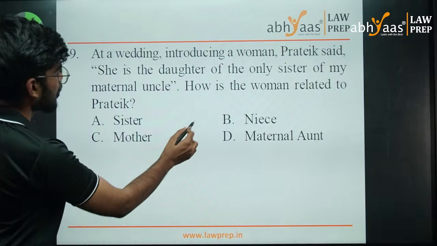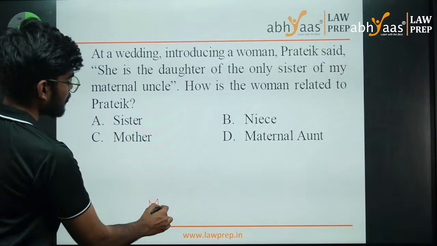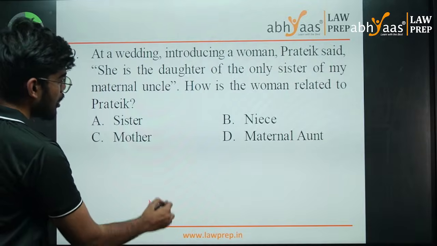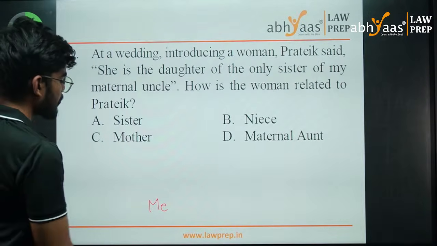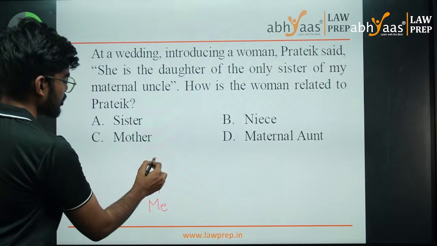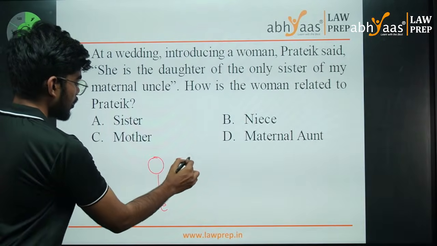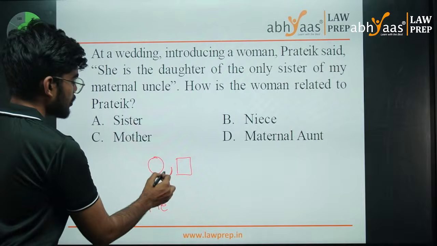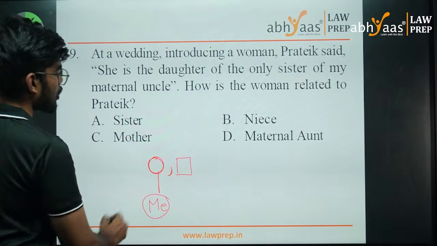Just a minute. Is this me or Pratik? Me refers to Pratik actually. Only sister of my maternal uncle, so this is mother, uncle. So uncle's only sister, sister's daughter.